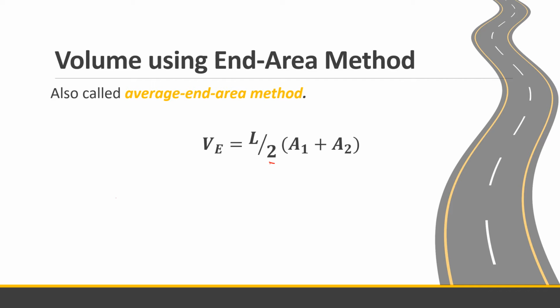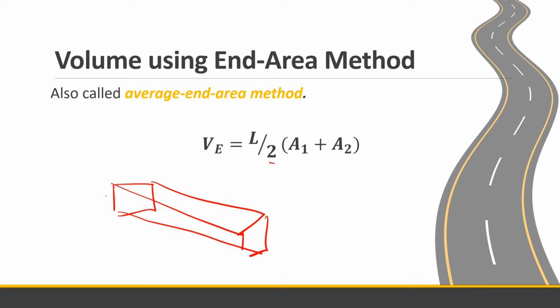Say you have a prism like this. This is area 1, this is area 2, and this is L. To get the volume, we average area 1 and area 2, multiplied by the length of the mass of soil or earthwork.